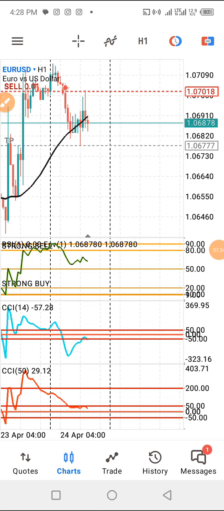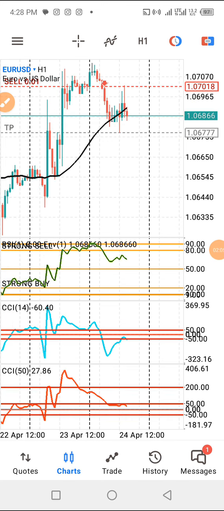But if you are using it on currency pairs, make sure you are up to date with the economic calendar so that you don't end up taking trades when there is going to be high impact news. So that being said, I'm going to explain in detail how we take sell orders or sell positions using this strategy, and how we also take buy positions, before I show you the setup of this indicator.